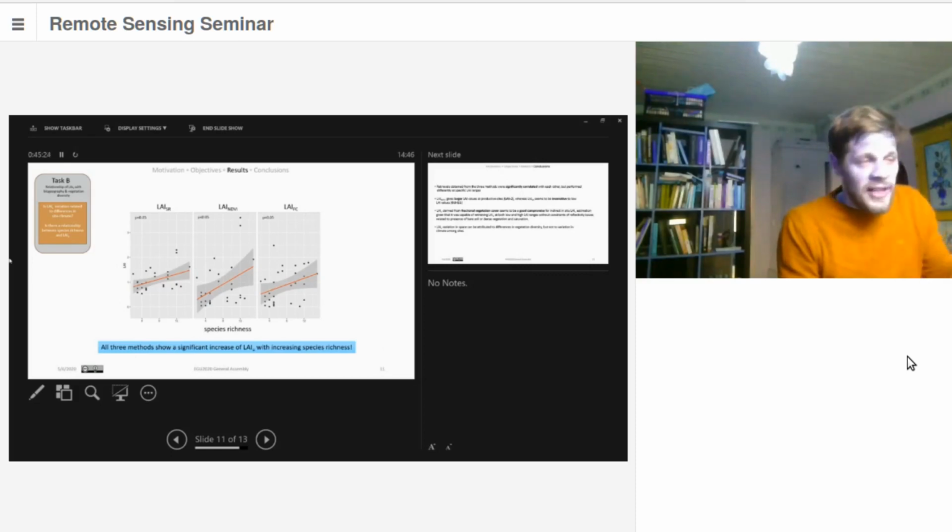Of course, this is done only for 29 data points, so we have a little bit of scatter here. There's absolutely no question. But we think for the future this is quite an interesting finding, because you could explore this beta diversity more deeply in the future by analyzing also leaf area index. We see this more like a glimpse into the future.